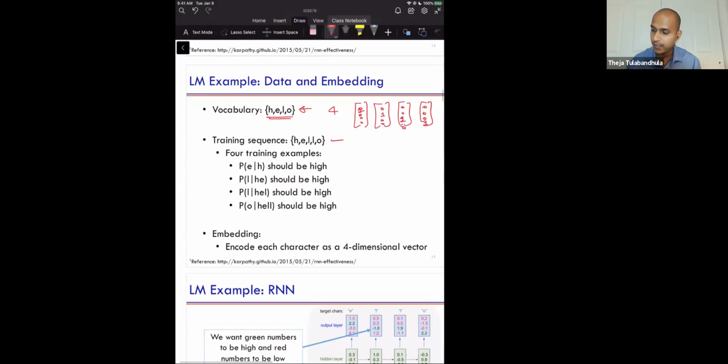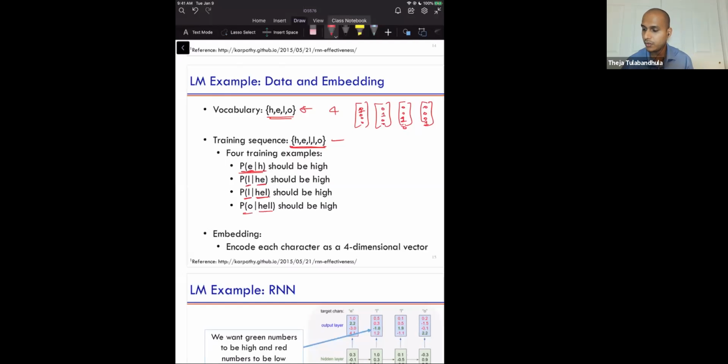So if your training sequence is HELLO, then you can have several training examples. Given H, the probability of the character E should be high. Given H and E, the probability of the symbol L should be high. Given HEL, the probability of symbol L should be high, and finally the last one.